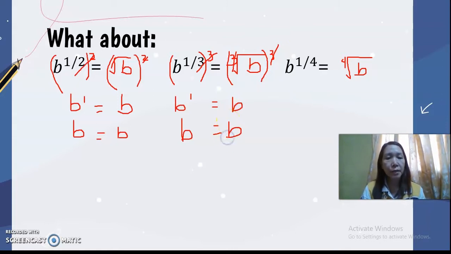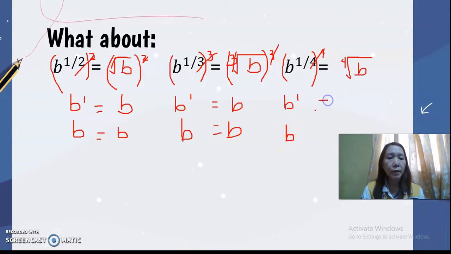Okay, last one. b raised to 1/4. The exponent is 1/4. The reciprocal of 1/4 is 4, so we cancel this out. What is left is b raised to 1, and b raised to 1 is equal to b.